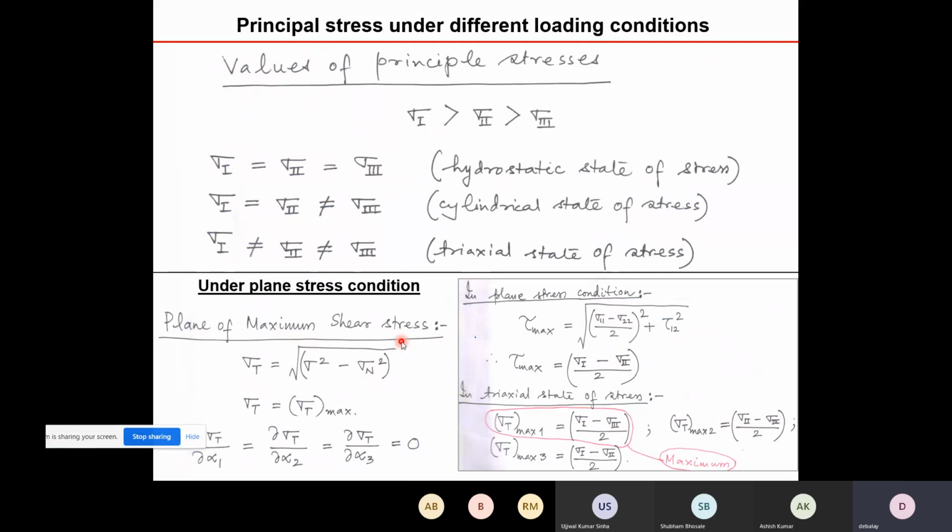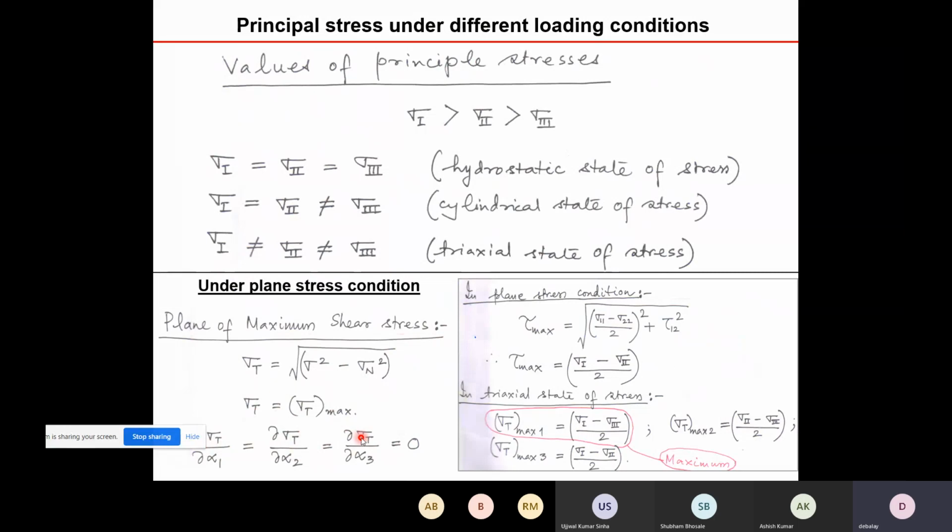That plane is called the maximum shear stress plane. On which plane will shear stress be maximum? That also can be calculated by considering all the inclined planes where there is shear stress and taking the derivative of sigma t with respect to alpha 1, alpha 2 and alpha 3 equal to 0 to maximize the condition.